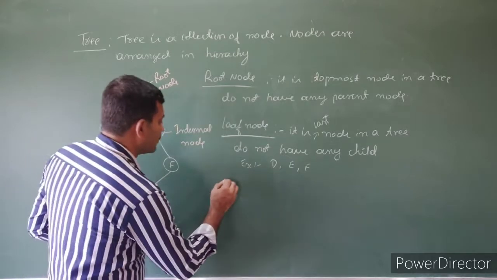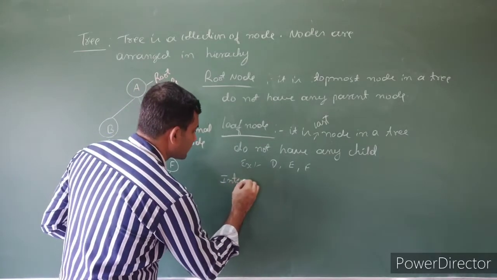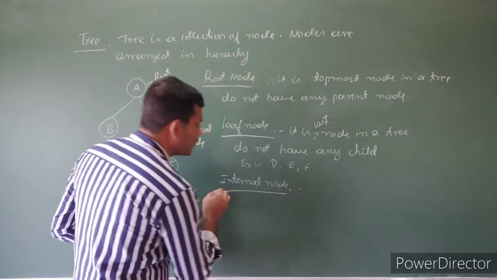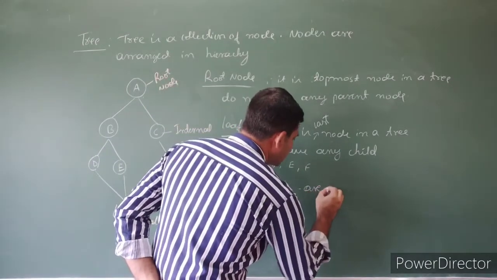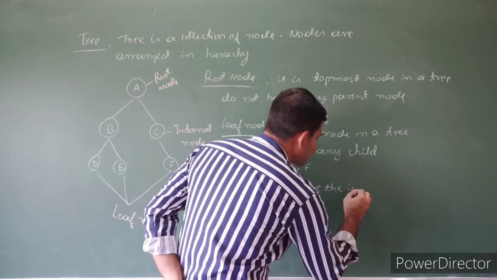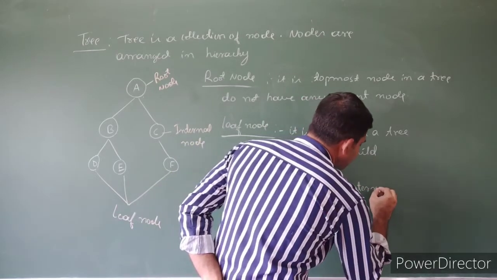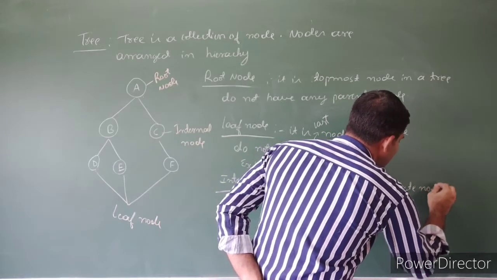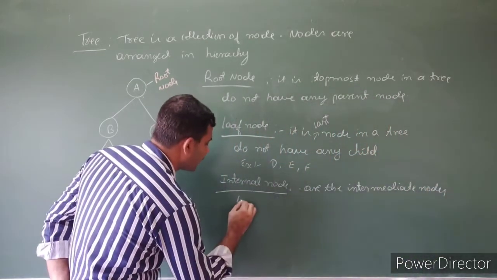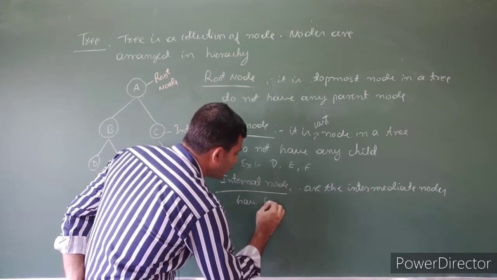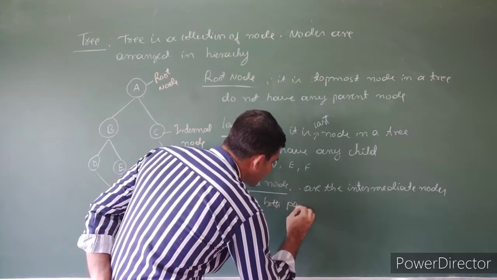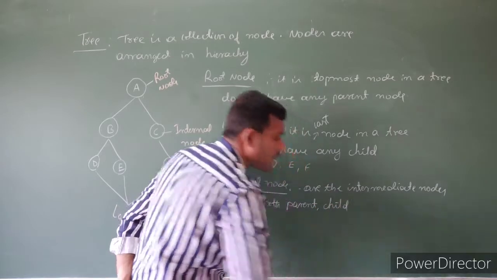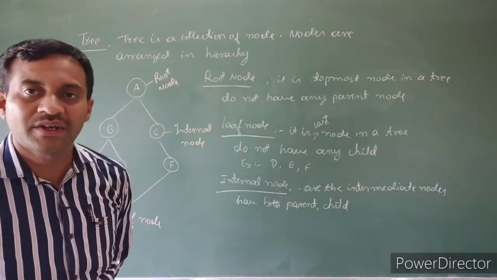Then the internal node. Internal nodes are the intermediate nodes that have both a parent node and a child node.